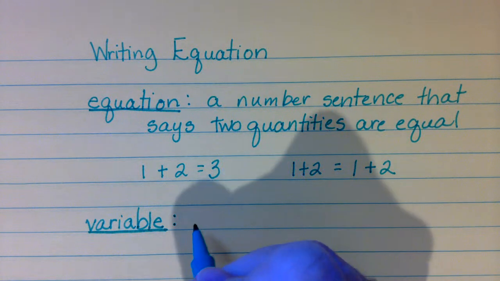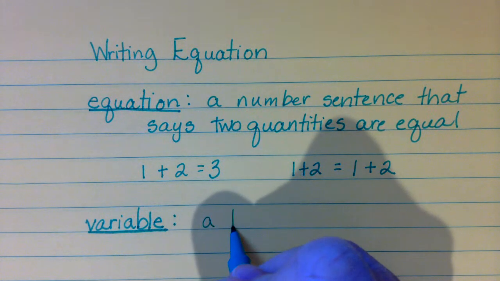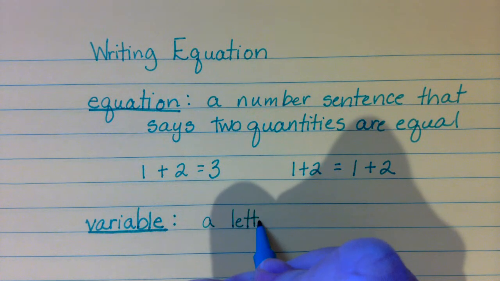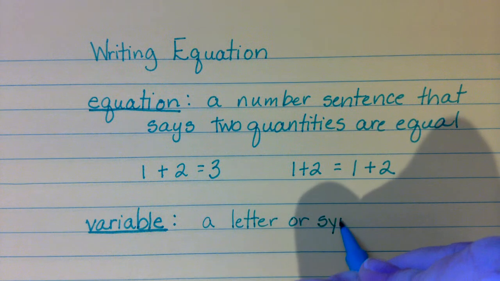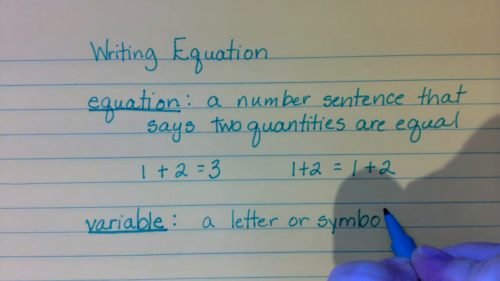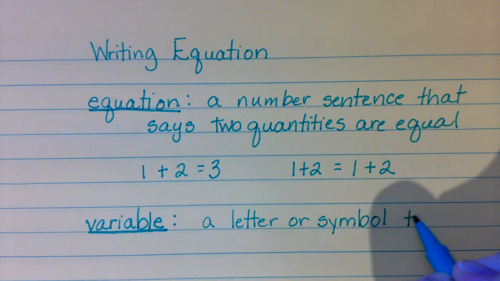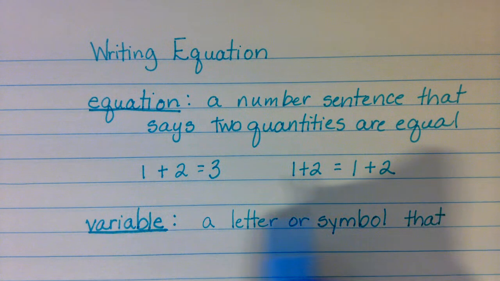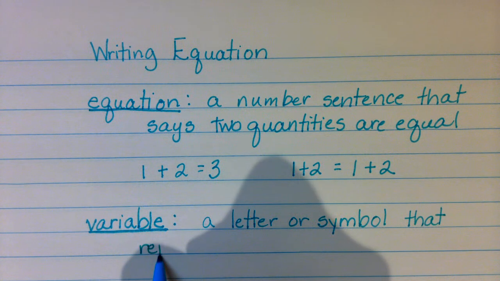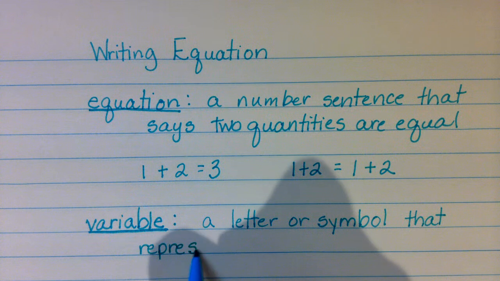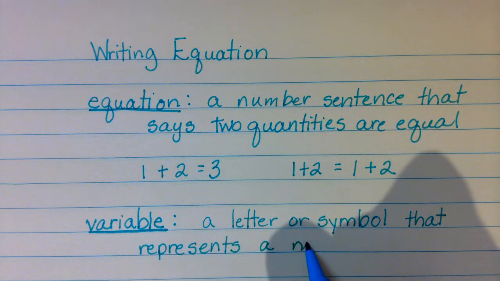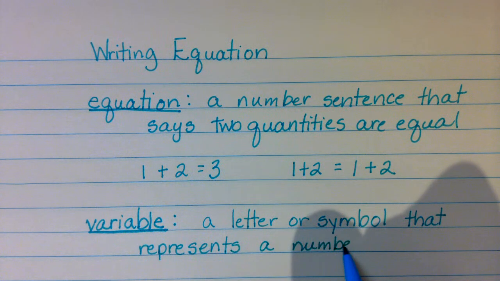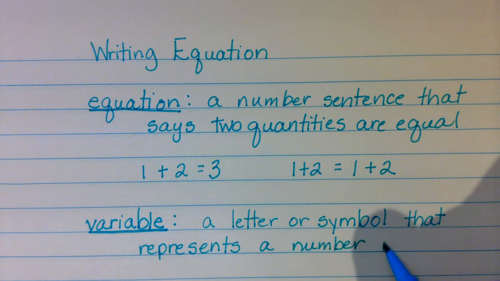A variable is a letter or a symbol that represents a number in a number sentence or an equation.